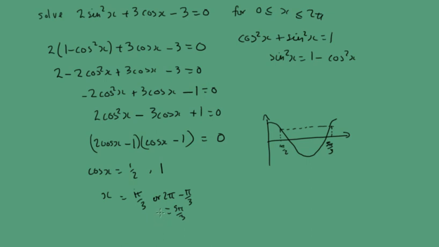And cosine is 1 when x equals 0 or 2 pi. You see x is 1 here and here. This is a half, and this is 1. So the solutions are x equals 0, pi over 3, 5 pi over 3, or 2 pi. So I hope that helps.